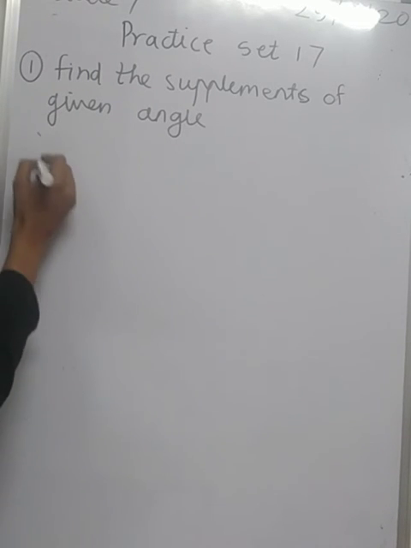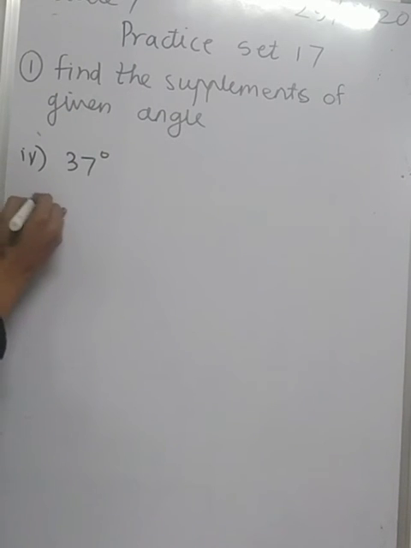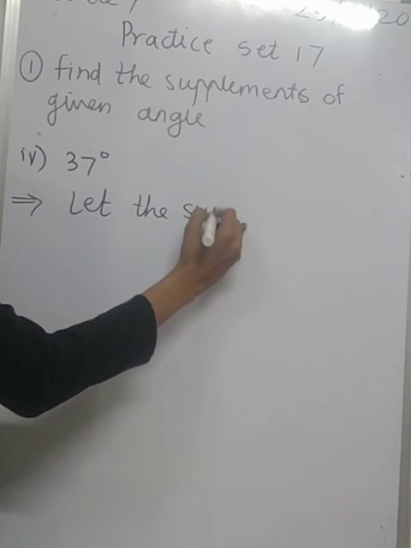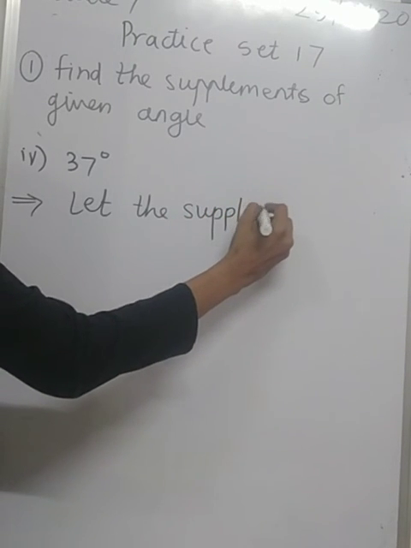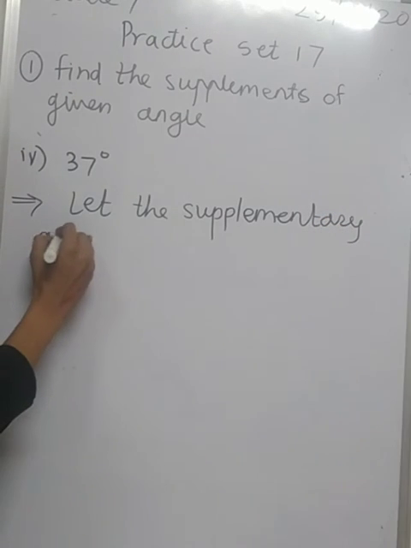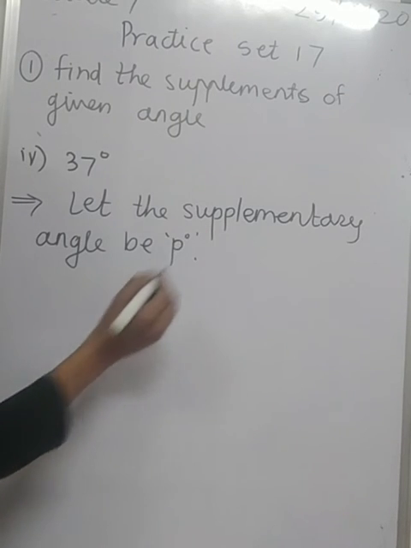The fourth one is 37 degrees. So do it the same way. Let the supplementary angle be P degrees.